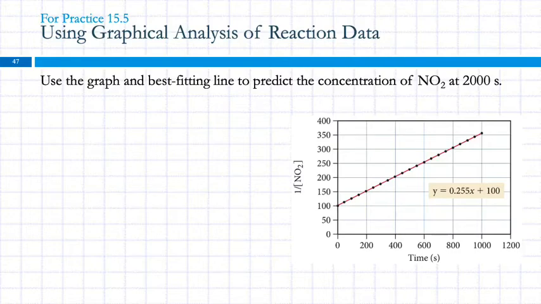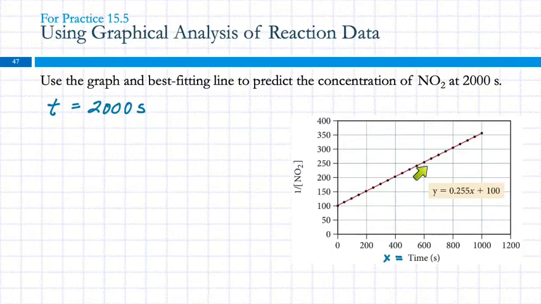So this one says, use the graph and best fitting line to predict the concentration of NO2 at 2,000 seconds. Well, 2,000 seconds, that's time, right? T equals 2,000 seconds. In our graph, on the x-axis, we're graphing time, right?